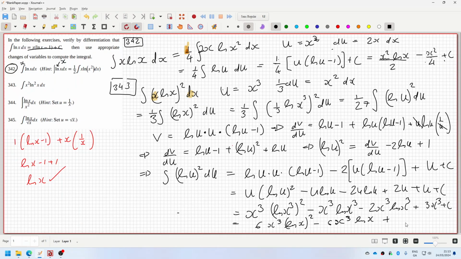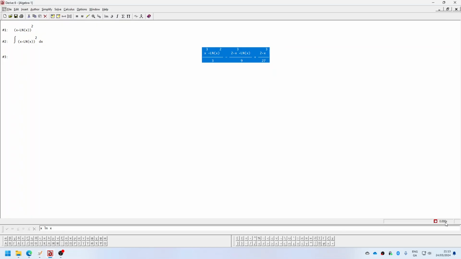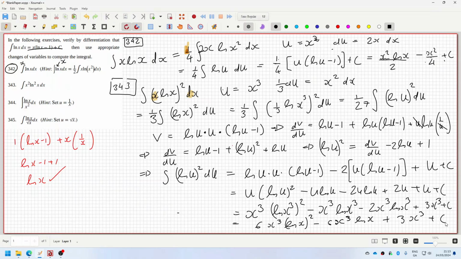Plus 3x cubed plus c. So actually, I'm not doing too badly.